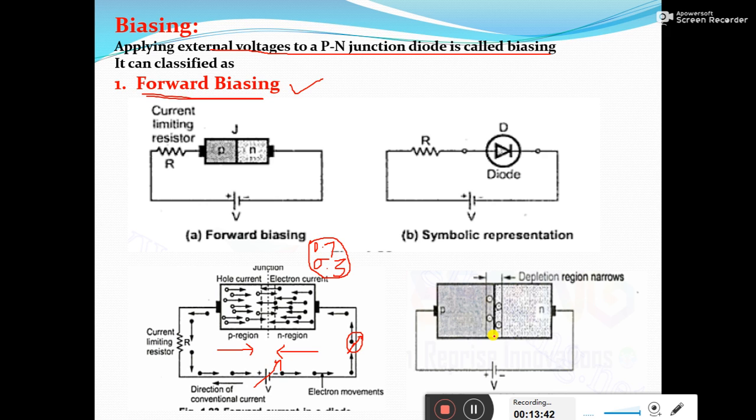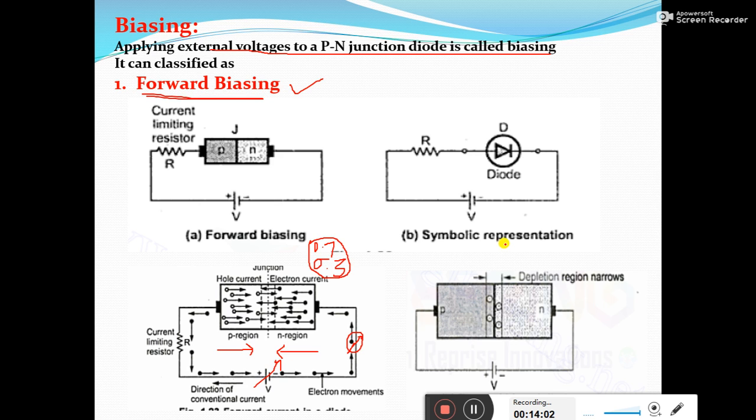After the applied voltage is increased beyond the barrier potential, 0.7 or 0.3, you can see a significant, exponential increase in the current, which is referred to as forward current. So you can note two points here.